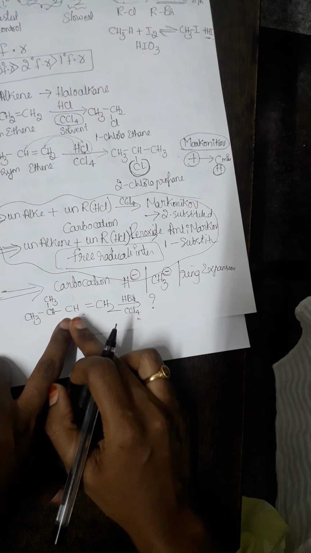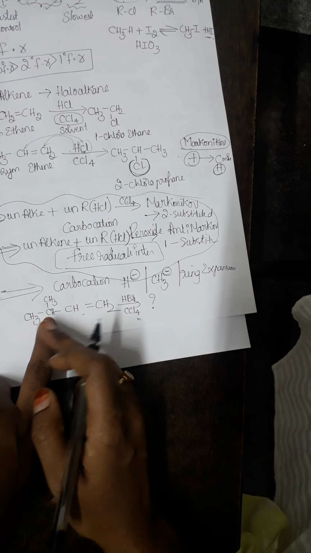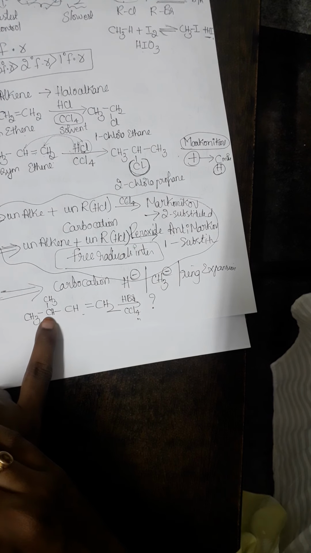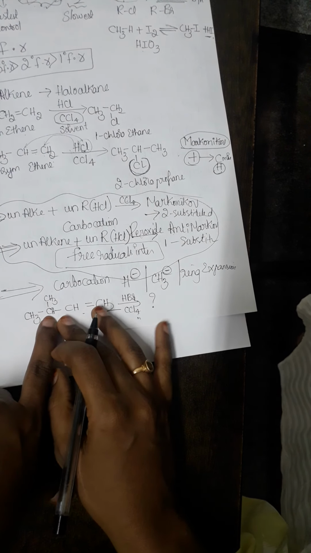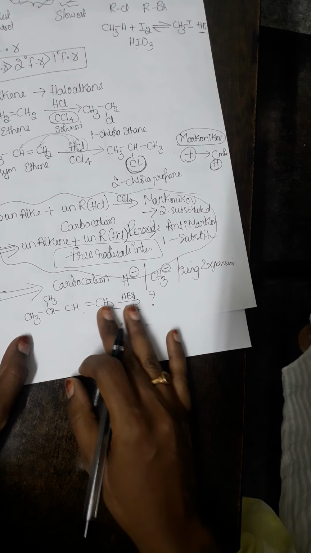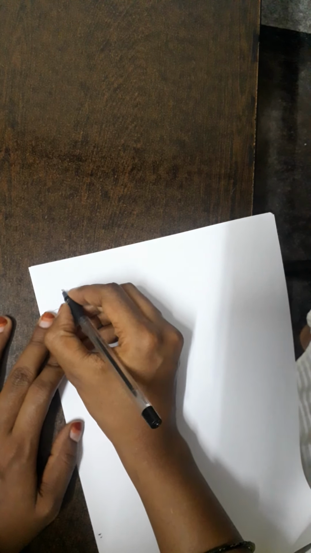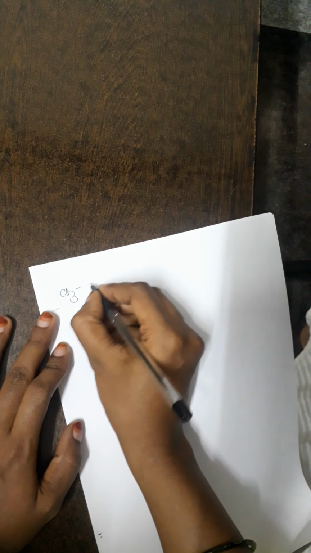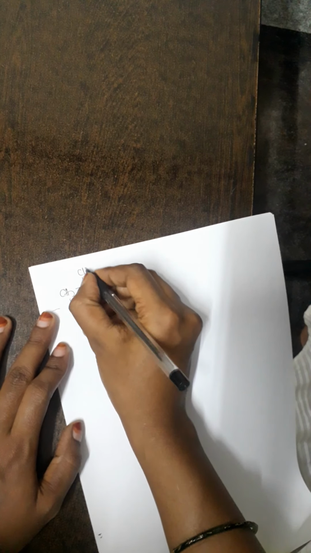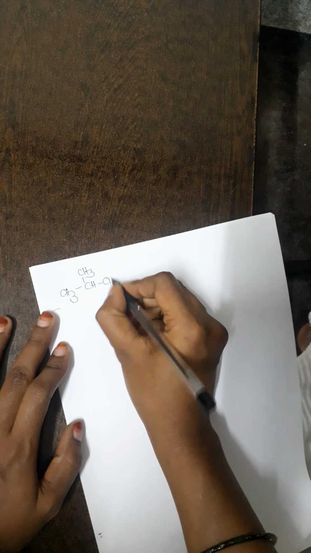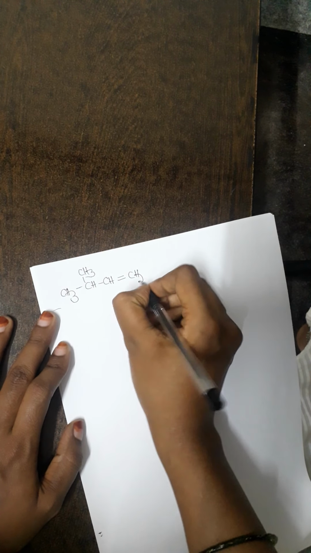You will not have bromination on this carbon; in turn, the bromination will happen on the third carbon. Why? Because here there are chances of carbocation formation. Let us look at the reaction. CH3, CH, CH3, then CH double bond CH2.